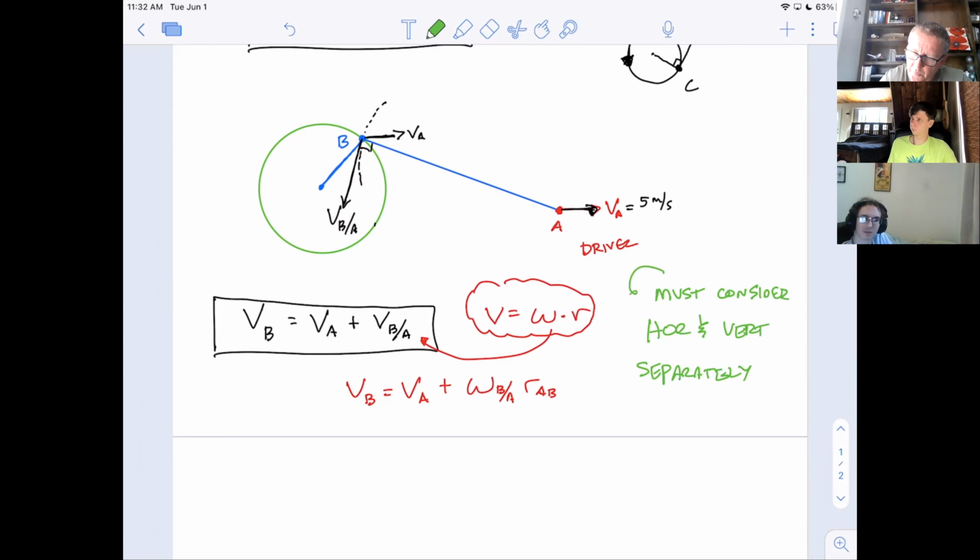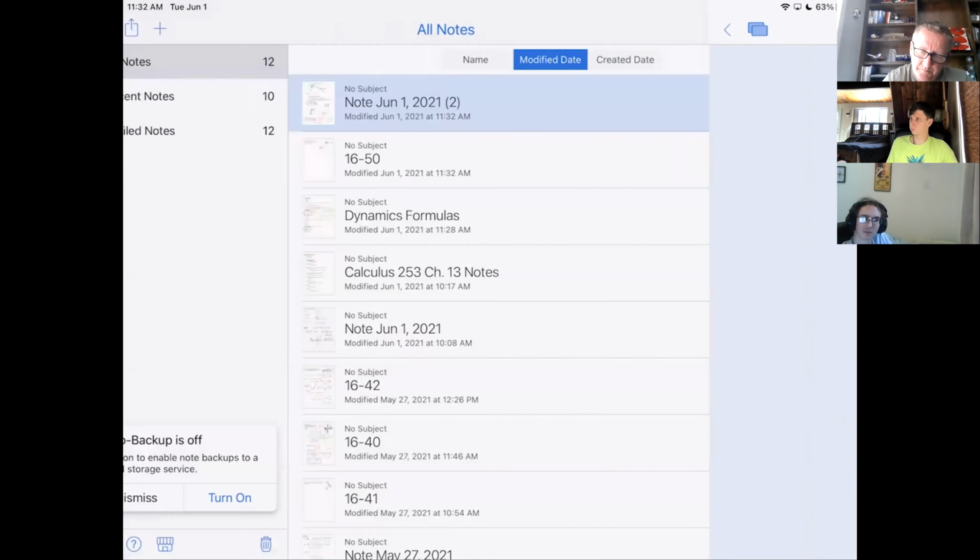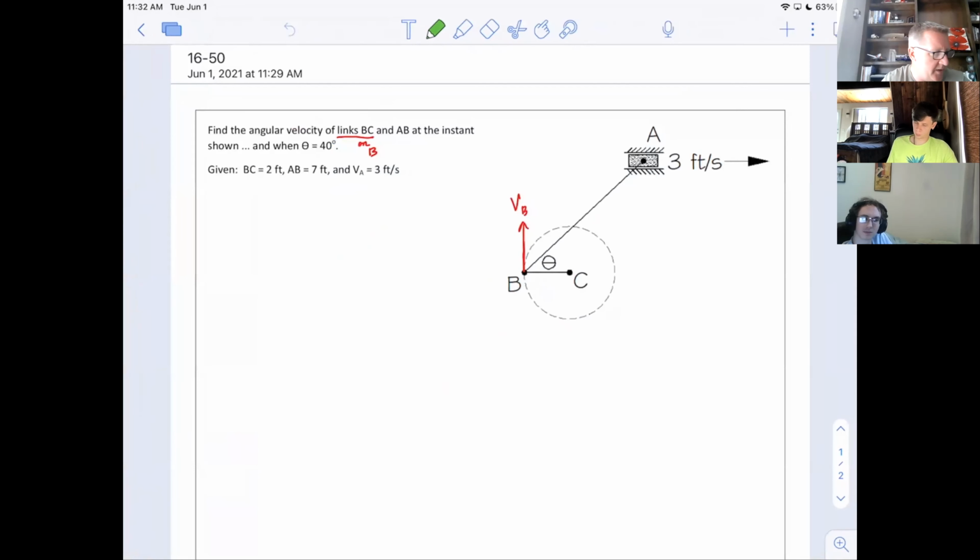So this is an important point. You can't just do this all at once. So let's try to do this. Let's see, A is, because this one matches the note sheet, we got sort of lucky.